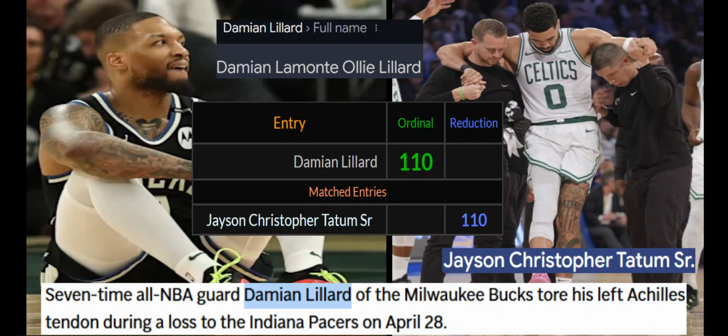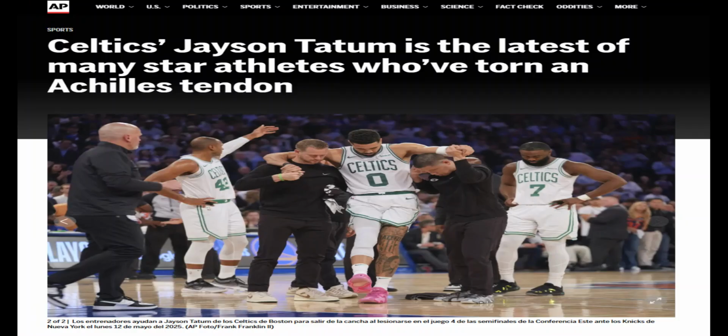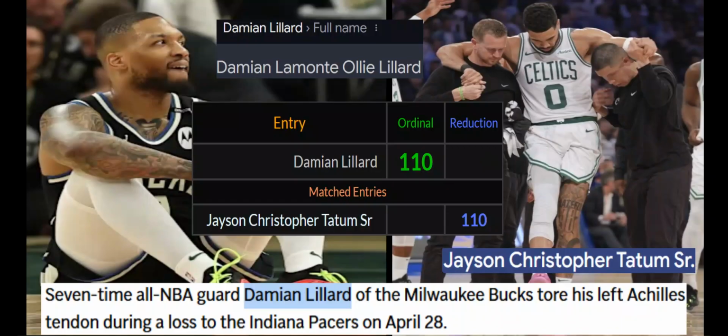They mentioned him in the article, and look, now we get Tatum with an Achilles tendon torn, and Lillard's left Achilles tendon torn. Look at their names sync up at 110. Damian Lillard 110, Jason Christopher Tatum Sr. 110 in the language, and they sync up with the same injury.